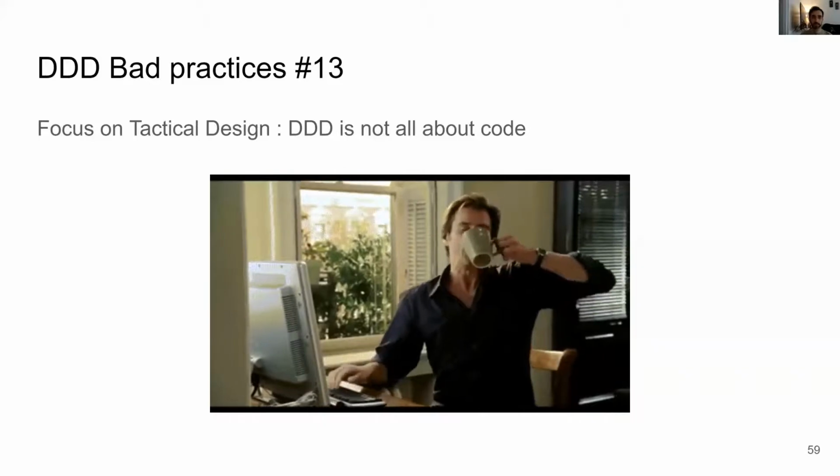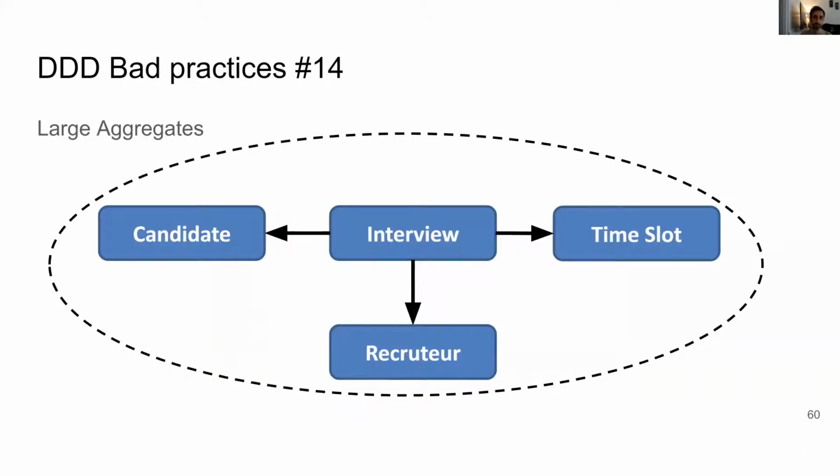Large aggregates. Imagine you are again in the human resource domain. You should plan an interview, and so you have an aggregate. An aggregate in DDD is a graph of objects that are tightly bound together, and they mean something special together.